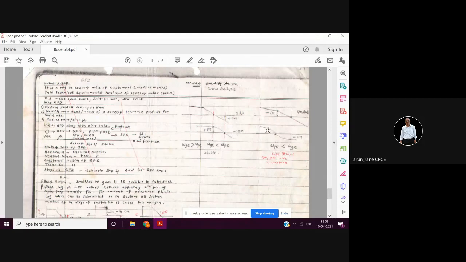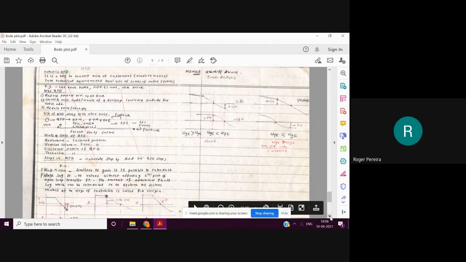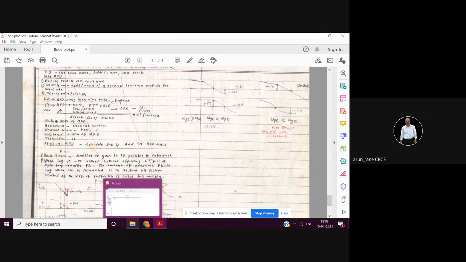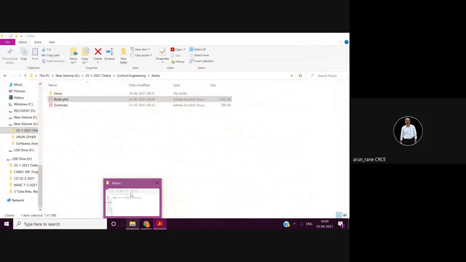Now see here phase is changing, so this is your gain margin, which is negative, the upper one negative. If gain margin is negative and phase margin is negative, then it is unstable. Okay. So that was the end of control engineering.